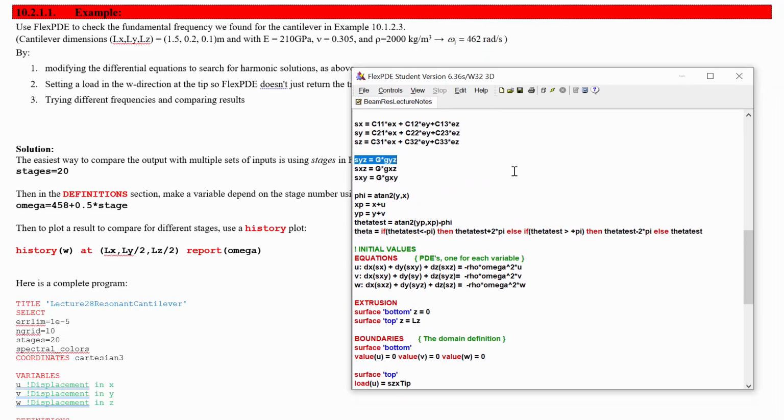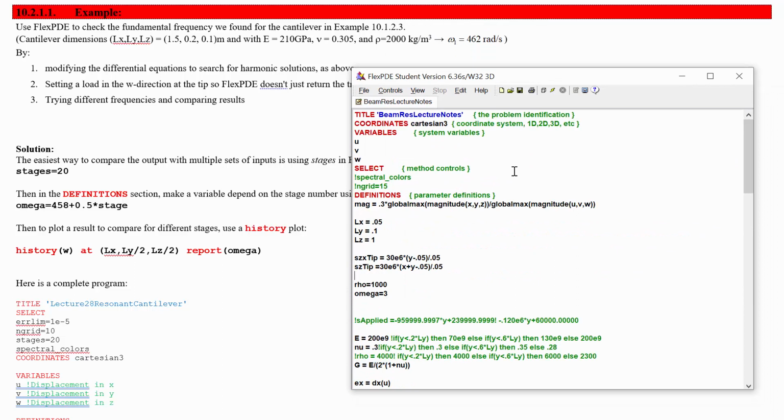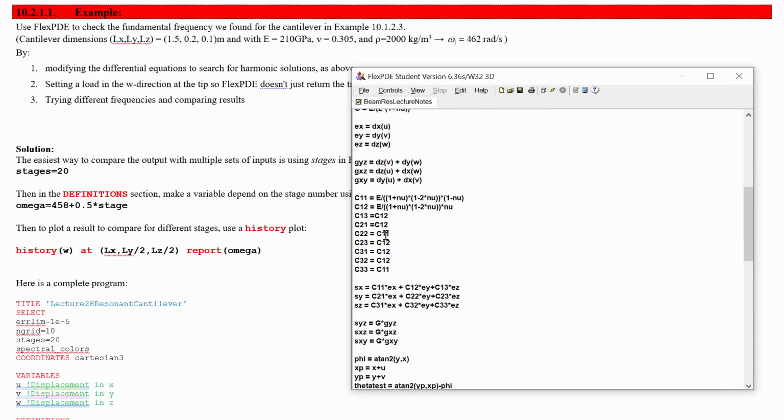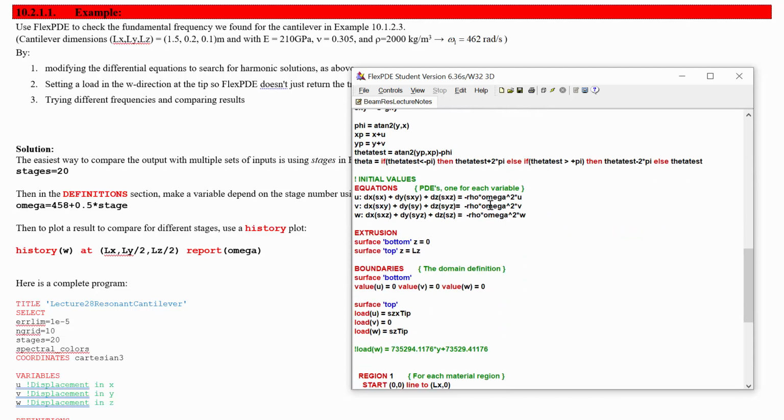So let's put in the parameters for this particular beam. We'll say that rho is 2,000, and E is 10 gigapascals, nu is 0.305. We'll get rid of these stress distributions we were applying on the tip. We'll set it to fixed at x equals 0 instead.